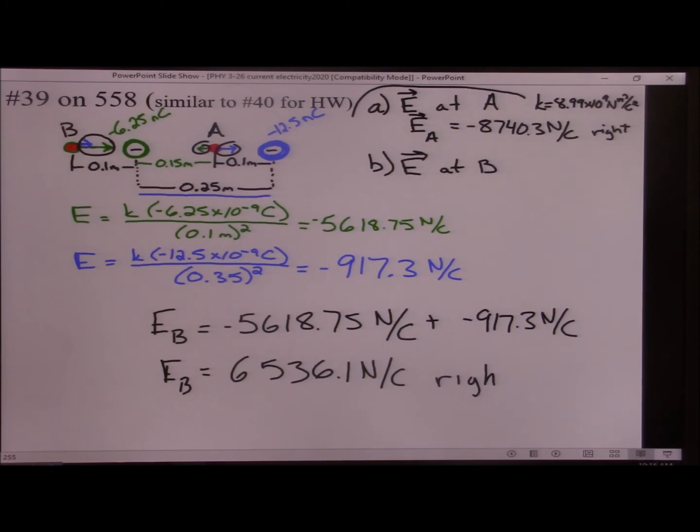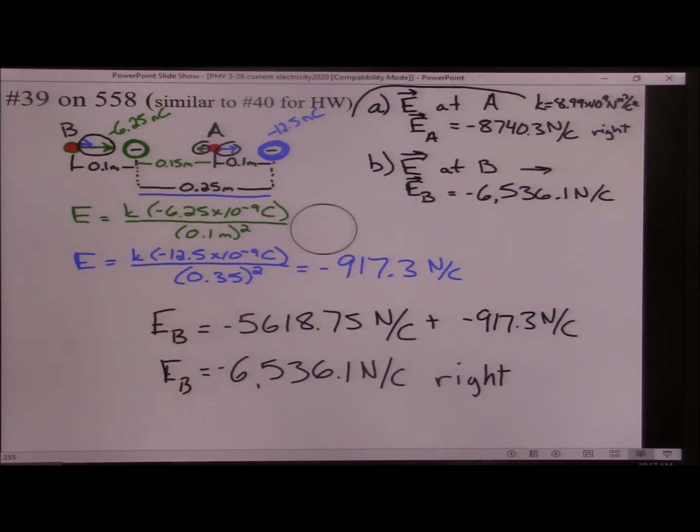And if you're noticing, our fields are going to the right and our fields are negative, so I guess that means right is the negative direction in this case, based on how we set it up. So EB is going to the right, and it's equal to negative 6,536.1 newtons per coulomb.